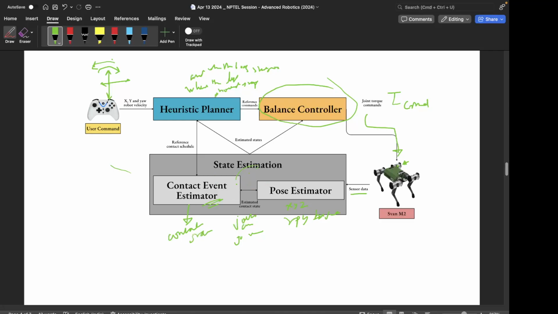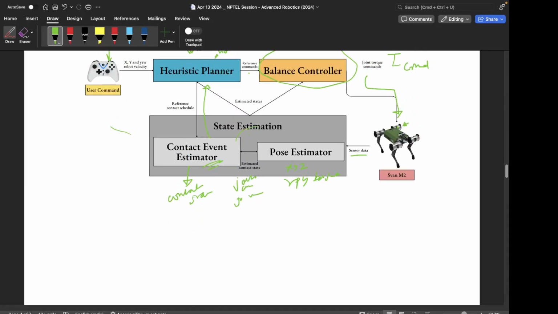And using all this information, we send it back to the planner to let it know the updated information about the state, and accordingly, if there is something that needs to be adjusted, it is done in the planner, and updated reference commands are sent, right? So this loop is being executed on the real robot like 200, 300 or 500 times in a second, right? So basically this is what we call the closed loop control of the robot.